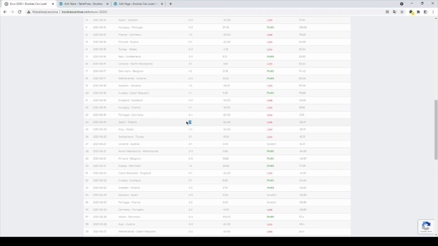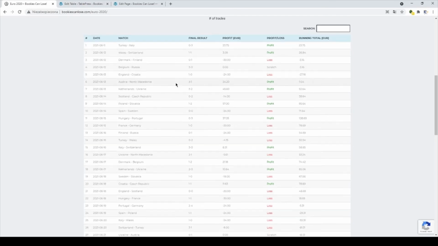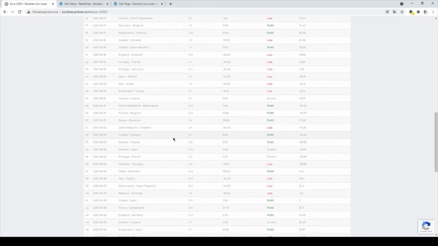Spain-Poland 1-1, again, I wasn't expecting Spain not to win this. And Italy-Wales 1-0, also an unfortunate result. If you followed my journey in this tournament, I rarely backed 0-0 or 1-0 or 0-1. I was going for at least two goals.